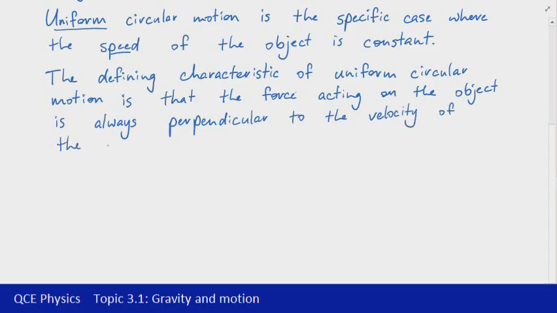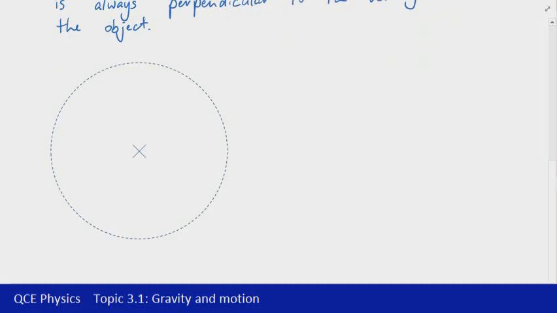To make that a bit clearer, we'll have a look at a diagram just to draw attention to that in particular. This diagram represents the path that the object is going to be travelling, and this is actually a bird's eye view, looking down on top of the motion, considering it's in a horizontal circle.